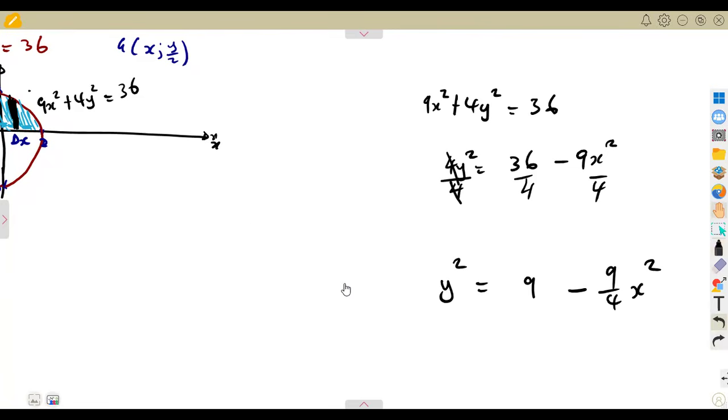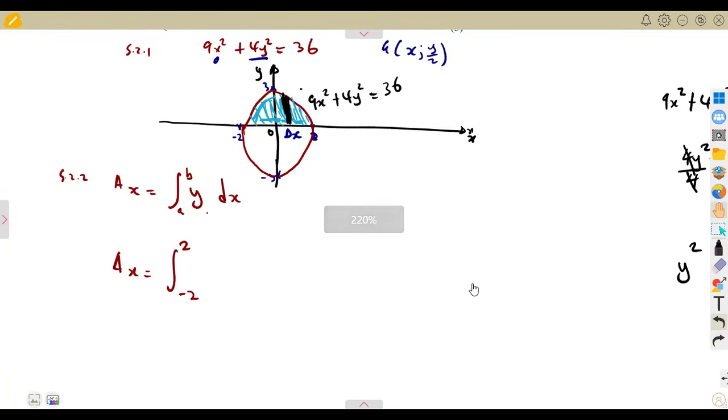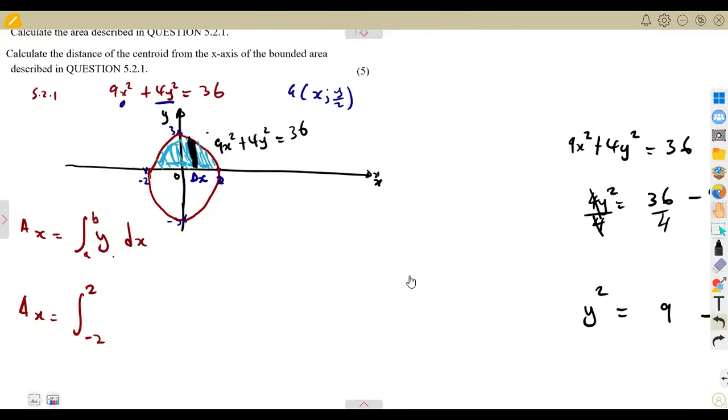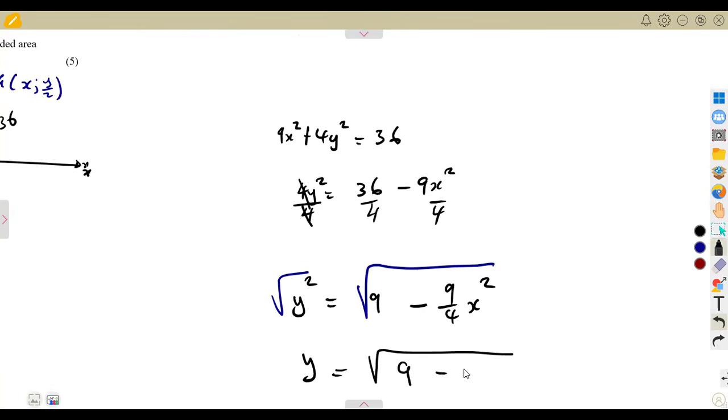So we can clearly see that there is a square root here, because we are going to need the square root of this one. There is an integral here, and it is an integral of a square root. I want you to see what is going to happen. This is 9 minus 9 over 4x squared, and we are supposed to integrate this.